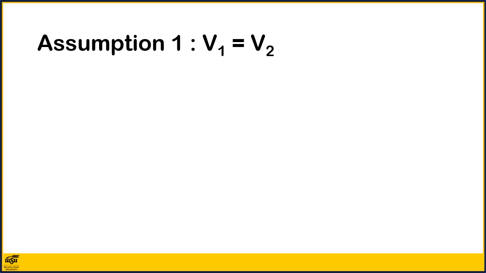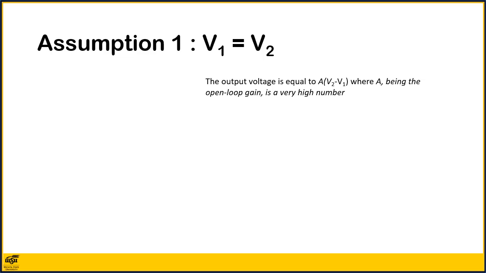How can we possibly assume that the inputs are always the same? Could we not force V1 and V2 to be anything we like? Yes, but the argument goes like this. The output voltage is equal to A times (V2 minus V1), where A, being the open loop gain, is a very high number.